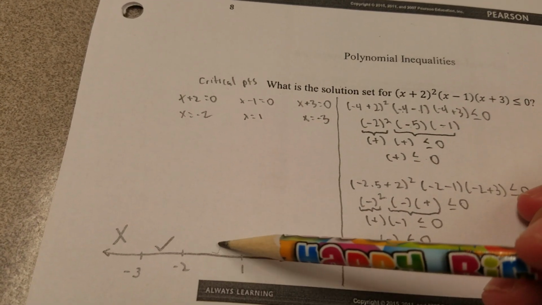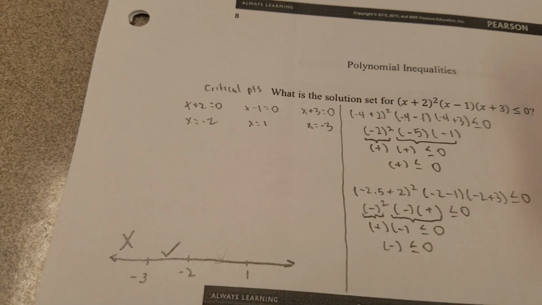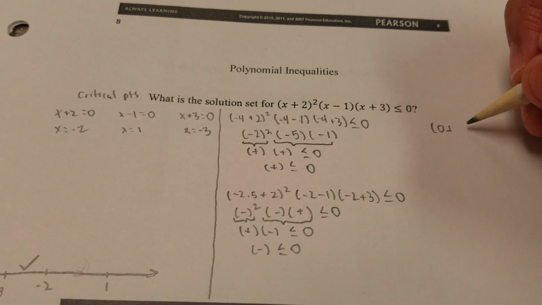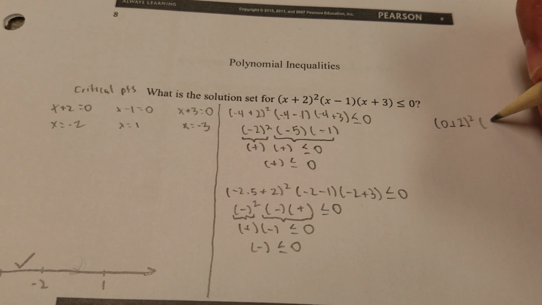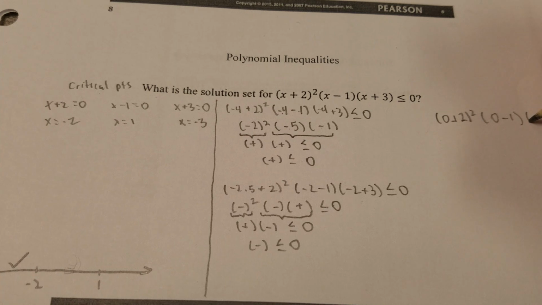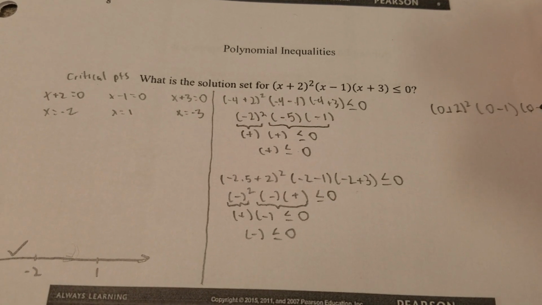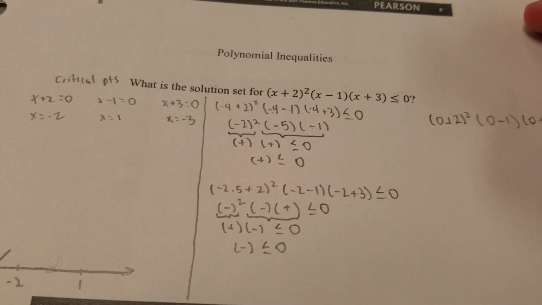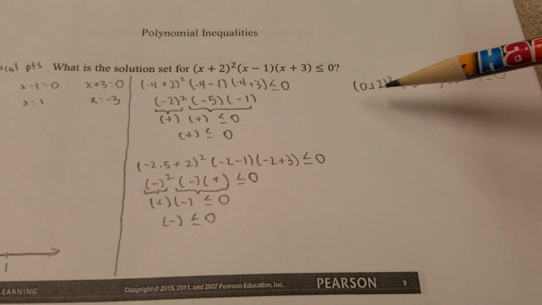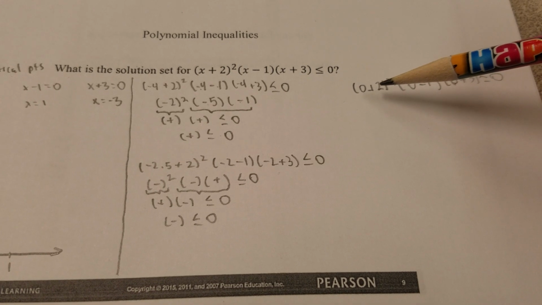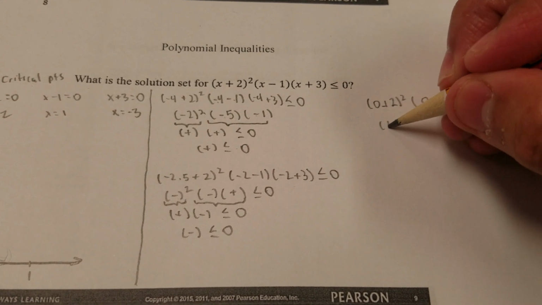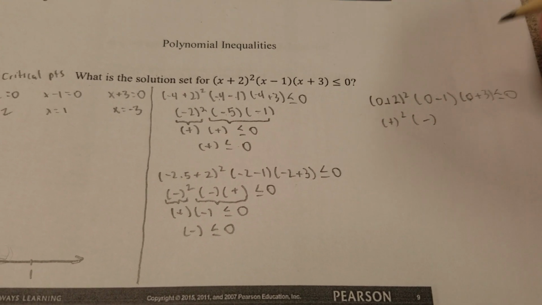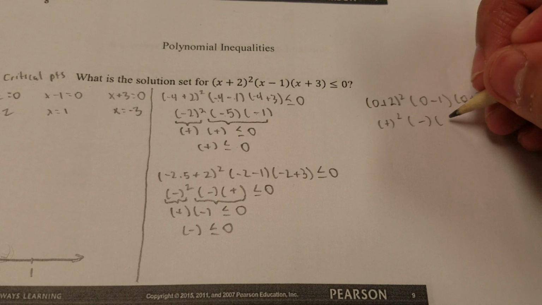Now I'm going to choose a number between -2 and 1. So 0 is between -2 and 1. Here, if I add the 0 and the 2, positive number. 0 minus 1 is a negative number. 0 plus 3 is a positive number.